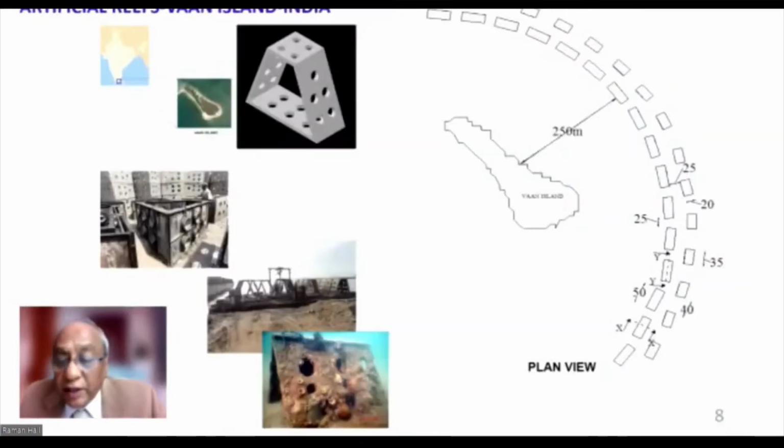The artificial reefs, we looked at an innovative kind of structure, wherein we had perforated the structure, as you can see here. And this is implemented in Van Island, tip of the Indian Peninsula. And this has been promoting marine life, and it has been very successful in reducing the inundation towards the Van Island, and thereby helping in the growth of the beach.